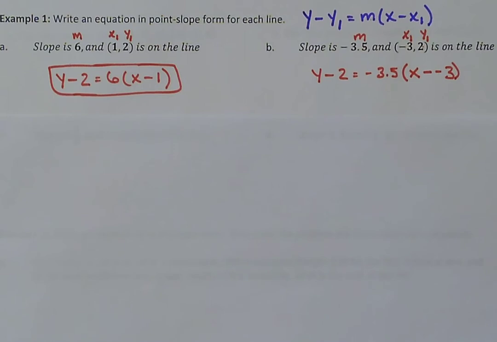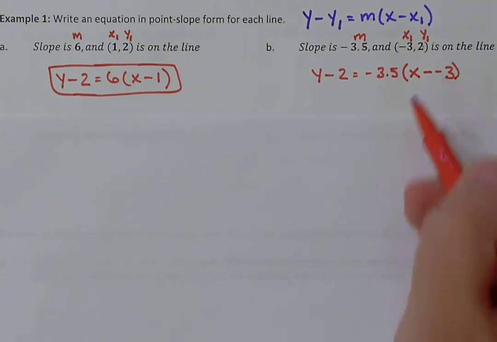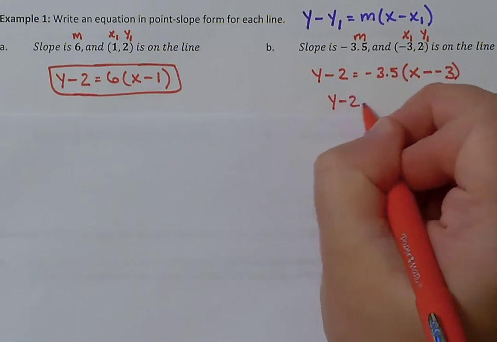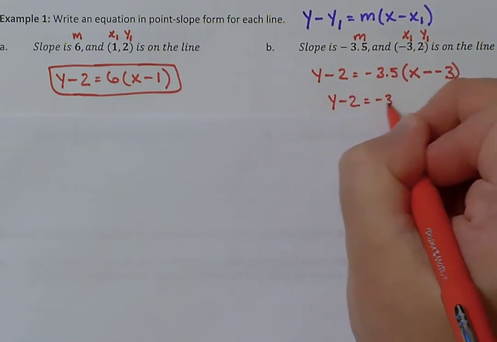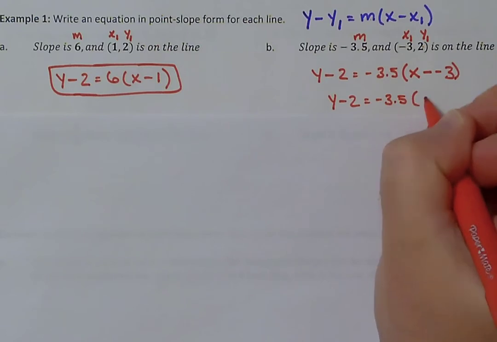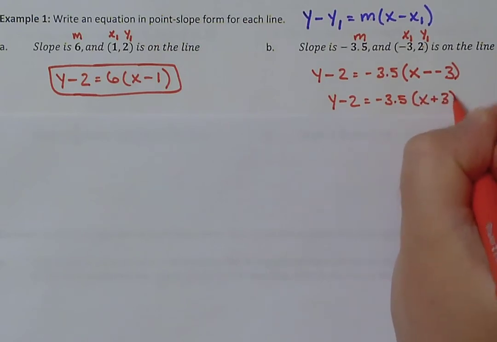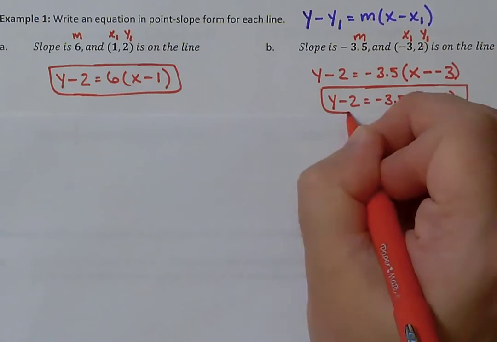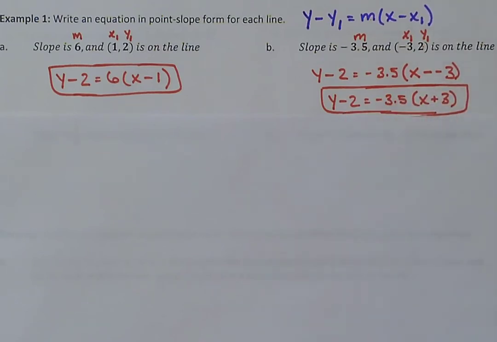Now I need to simplify this because I have minus and negative, which results in addition. So this ends up being y minus 2 equals negative 3.5 times x plus 3. And that is our answer. And that is how you do example 1.